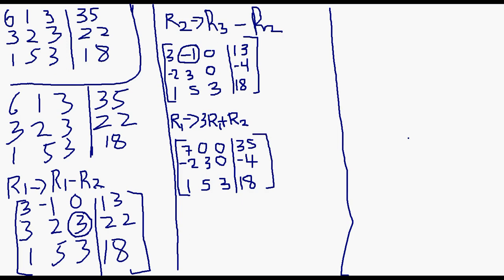Right. Yes. We want to make here 0. What do you think we will do? Let's do row 1 minus. Why are we doing row 1? Sorry, row 2.